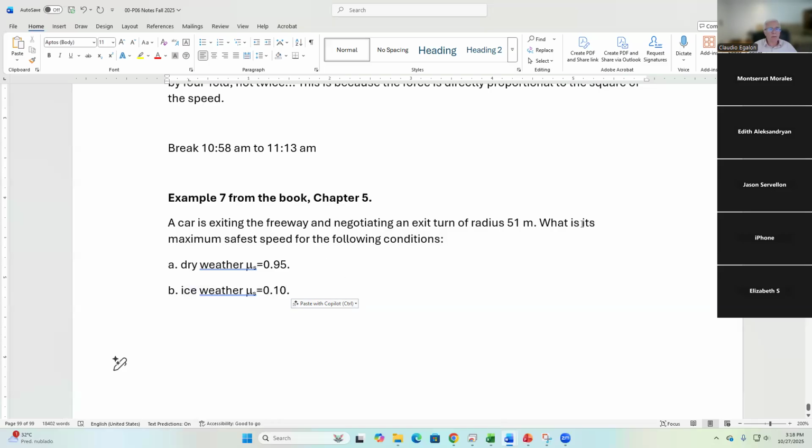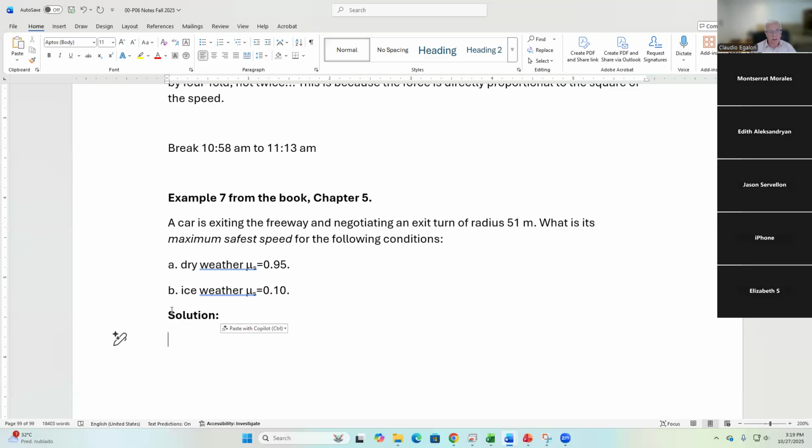And he's asking the maximum safest speed. That's an interesting type of problem because it applies to real life. Think about that. You're driving on the freeway, right? Most of the exits of the freeway have a very sharp turn, and you gotta make sure that you slow down enough to negotiate the turn safely without losing control of your car.